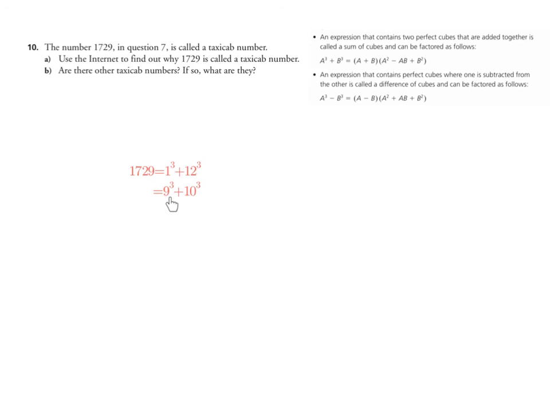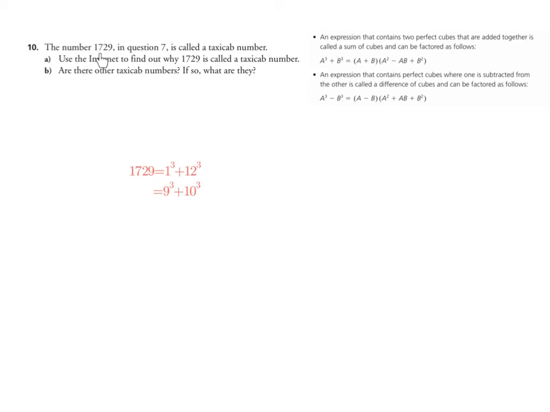Alright, so it became the taxicab number because apparently this guy's taxicab was 1729, and he didn't find anything particularly cool about it, but then he went and visited this Ramanujan dude, and he's like, no, that's a great number because it's the lowest number that can be expressed as two positive cubes in two ways. And we saw that earlier on in question number 7. Are there other taxicab numbers?